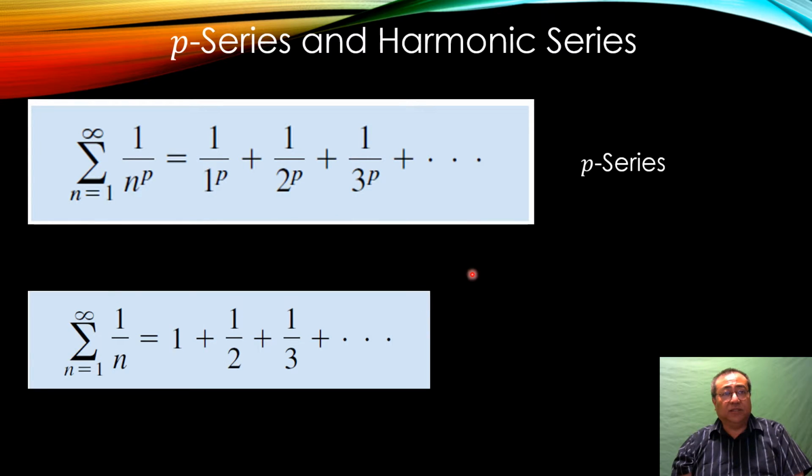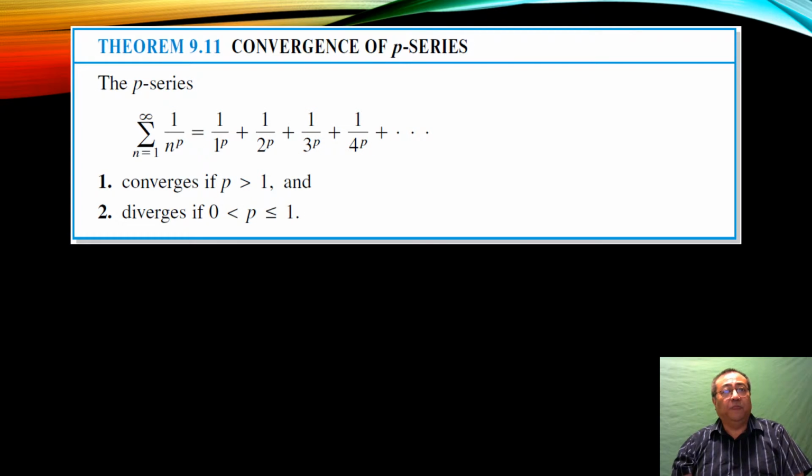The harmonic series is this one. Basically, the harmonic series is when p equals 1. Now this is the convergence of P series. If p, the exponent, is greater than 1, it converges. If the exponent is between 0 and 1, it diverges, including 1. So the harmonic series diverges.